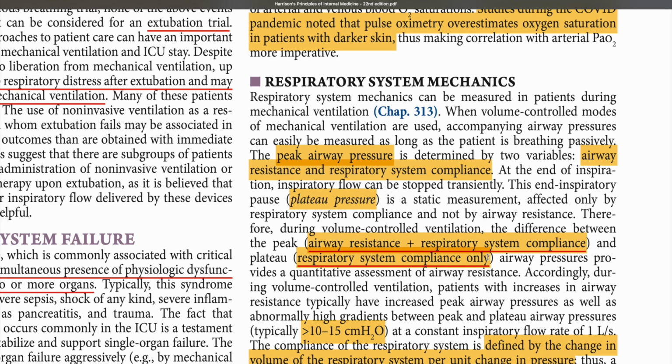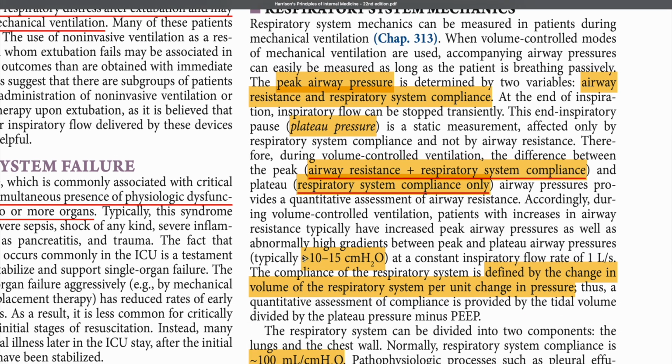If it is more than 10 to 15 centimeter H2O, think that it has increased resistance. It is seen in asthma and COPD secretions. Also, compliance means change in volume divided by plateau pressure minus PEEP. This is kind of complicated mathematics, but this is the true thing in Harrison.